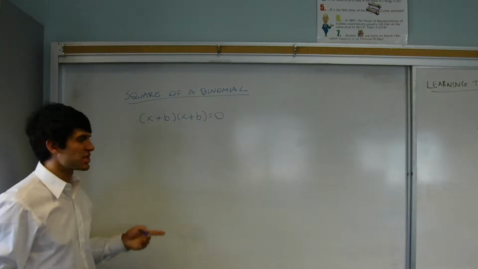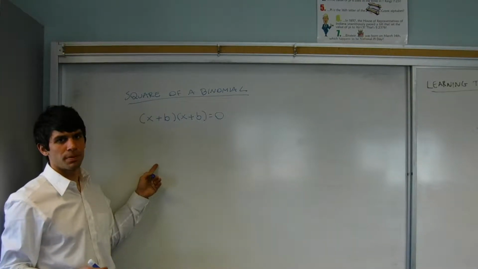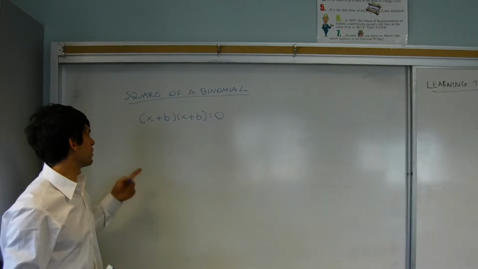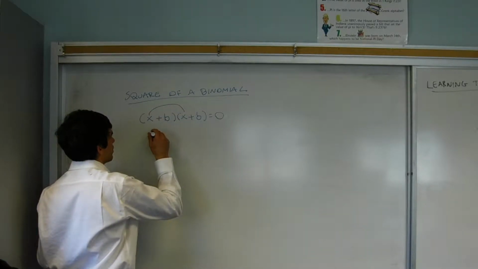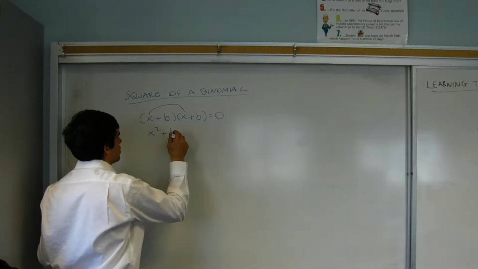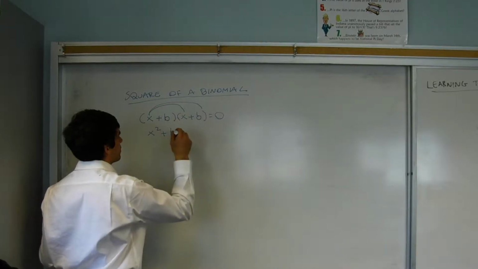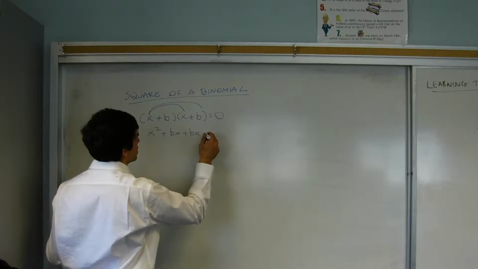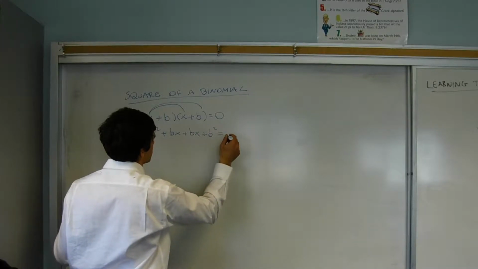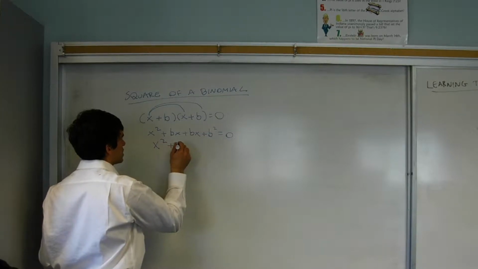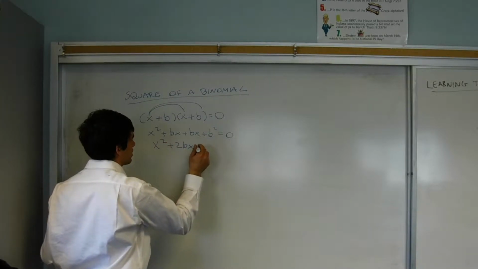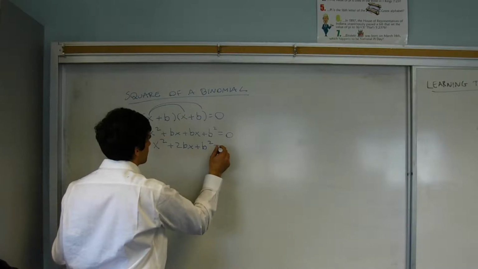So this is the case in which we only have one solution. So if we multiply this out, or FOIL it, you notice we'll get x squared plus bx plus bx plus b squared is equal to 0. And that means we have x squared plus 2bx plus b squared is equal to 0.